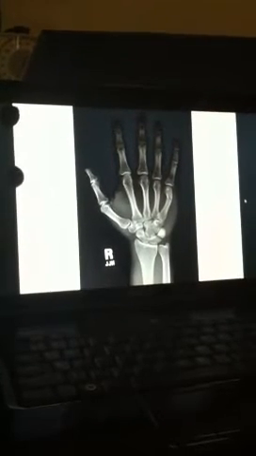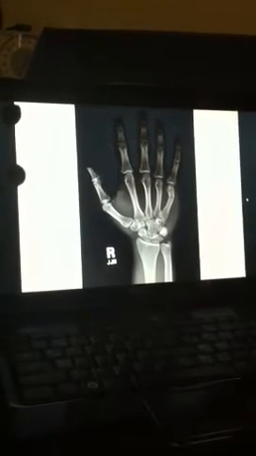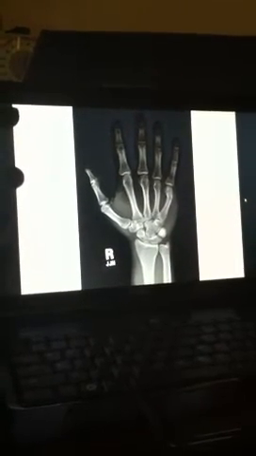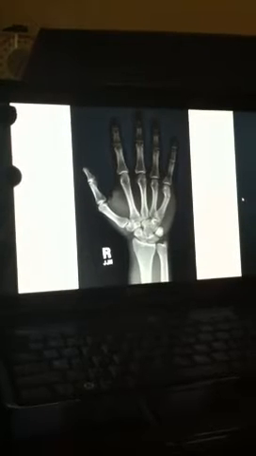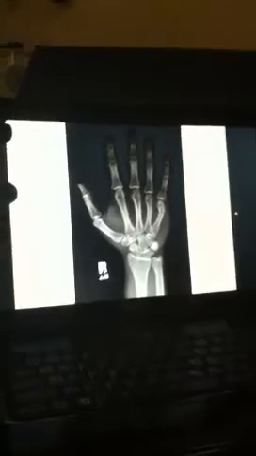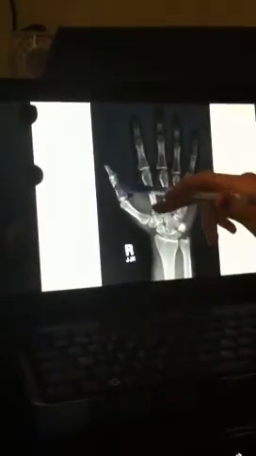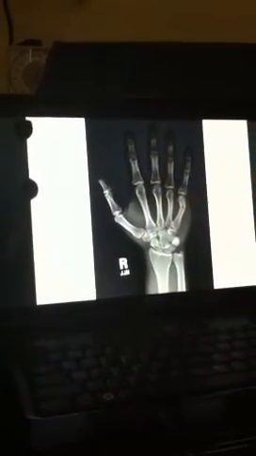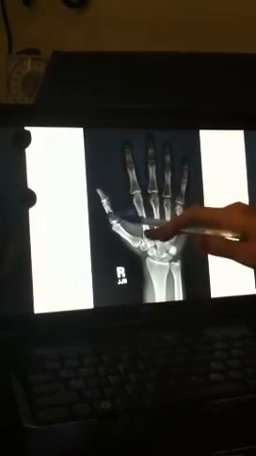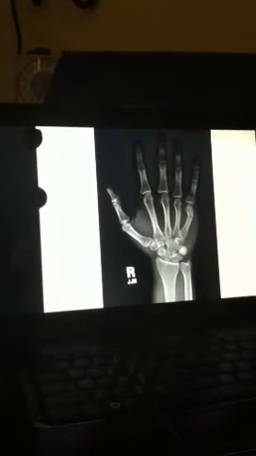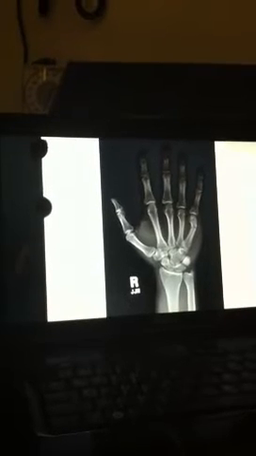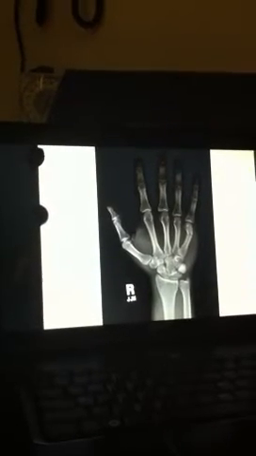Got those? The little bones? So what are these ones? Metacarpals. And what are these? Well, actually, just these four, and that one. What are those called? Carpals. Phalanges. Which ones?